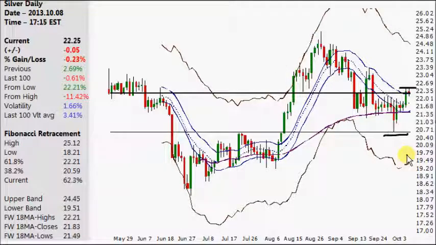Of course, that is nothing to show that that's the case yet, but it's something to look for, because if this area holds and it continues further, that's typical market retracement.